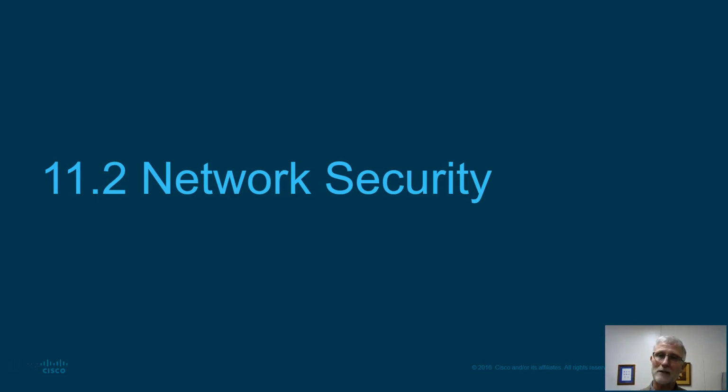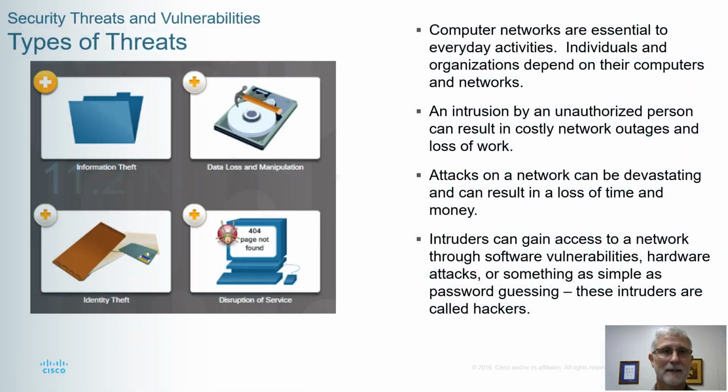Now, the second thing we need to do is, how do I deal with security? There are definitely four types of threats and vulnerabilities in most networks. One, there's stealing information. Two, data loss, where people delete or manipulate data. Three, identity theft.